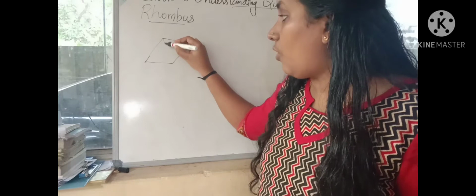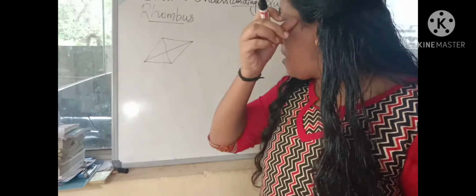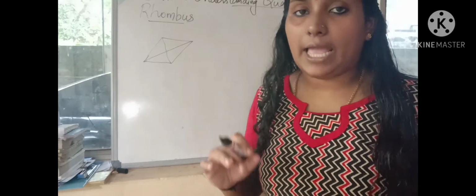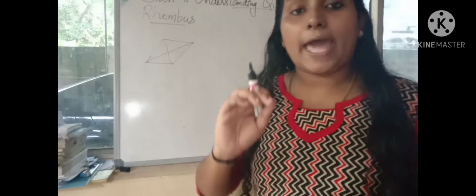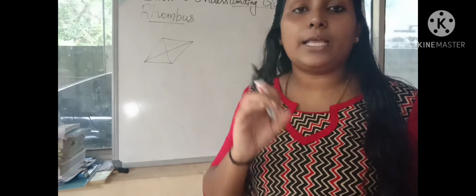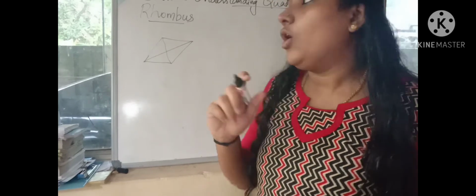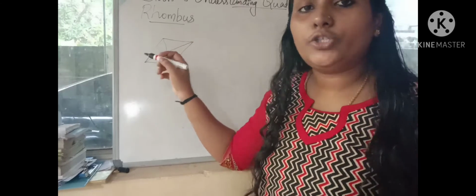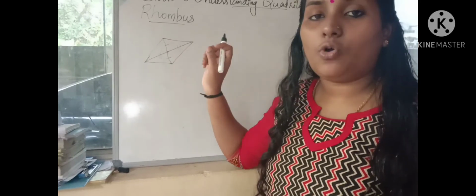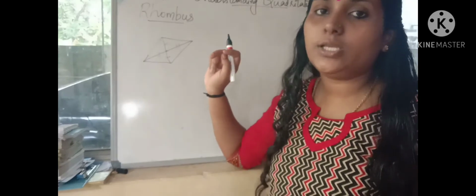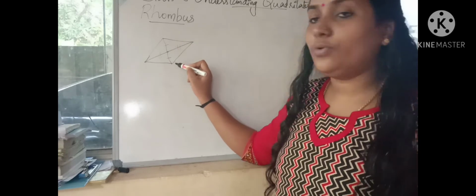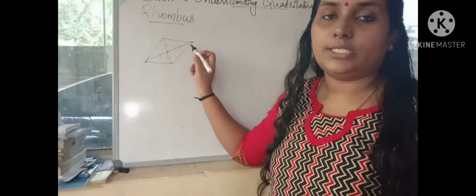Here, in the case of a parallelogram, if we draw the diagonals, which bisect each other, we will not get all the sides equal. Here I have drawn two diagonals for this rhombus, and we will get this side equal to this side and this side equal to this side.